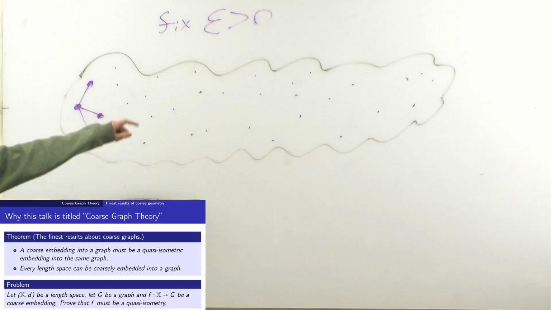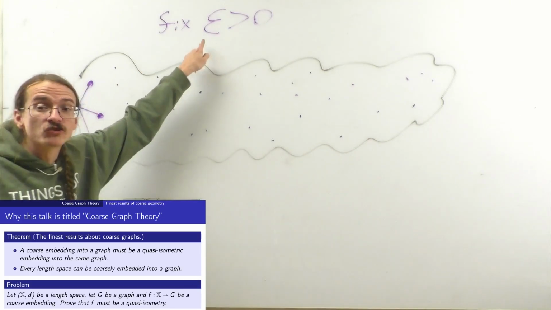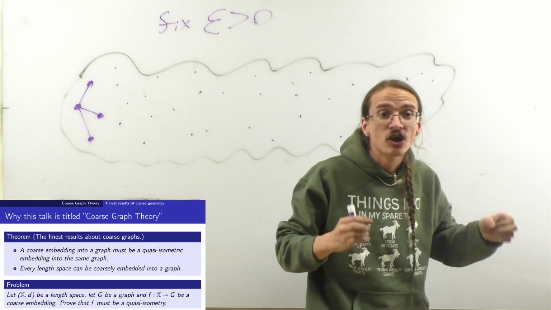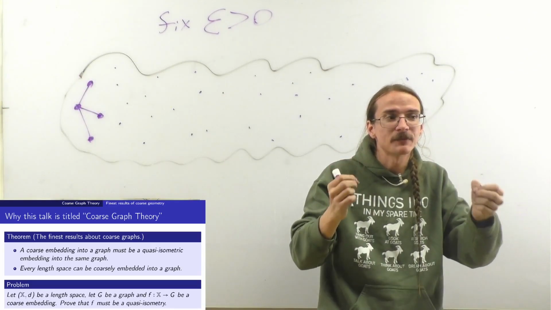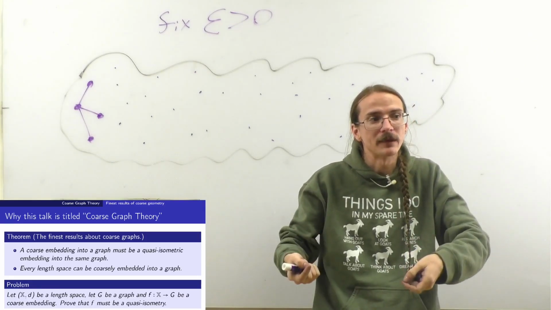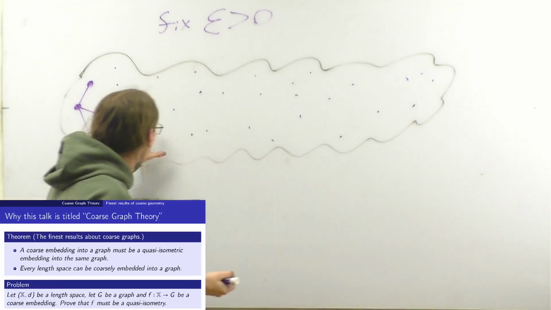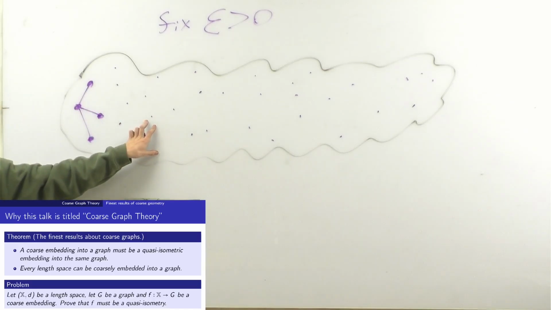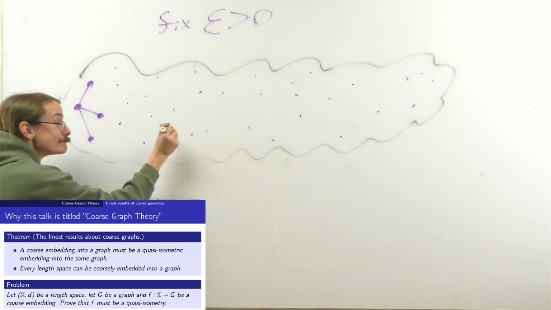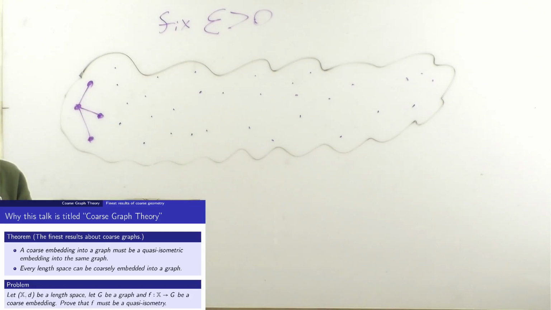So let's fix some epsilon, and let's drop these points all throughout our length space so that nothing in the space is further than epsilon from a point that I've dropped down into it. Is it clear to everyone that I can do this? Yeah, if there's some point not within epsilon, now it's within epsilon. Okay.